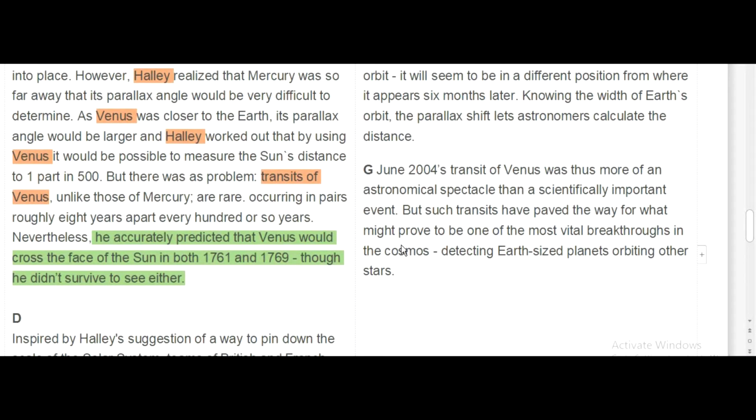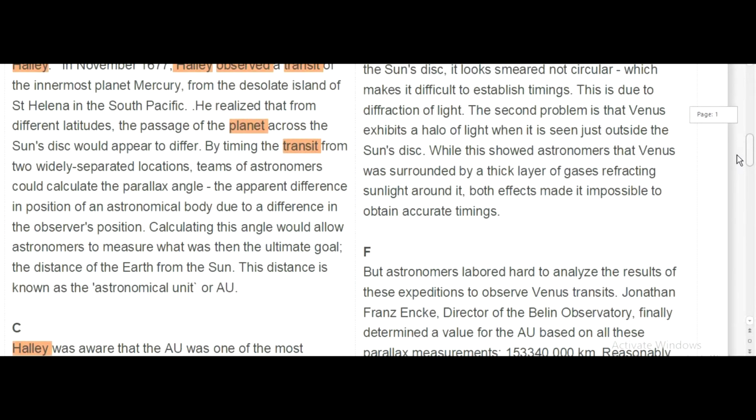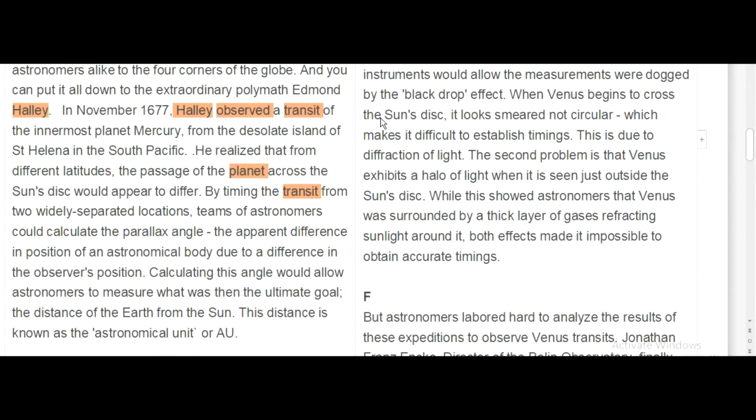You know that he did observe a transit for Mercury, like here we have read that he observed a transit of the inner planet Mercury.